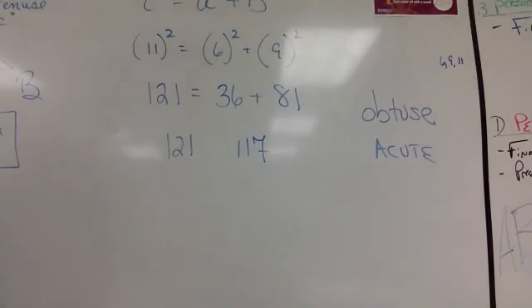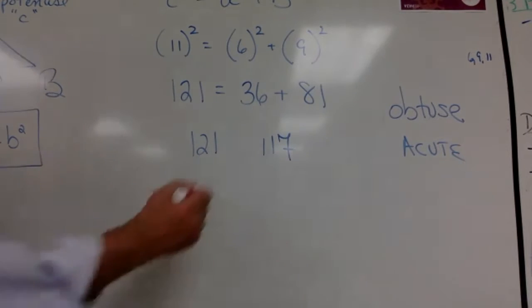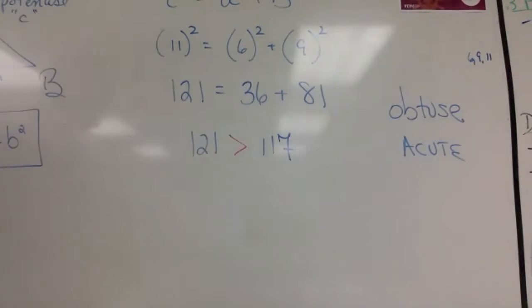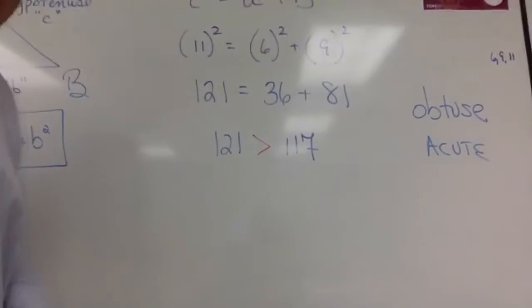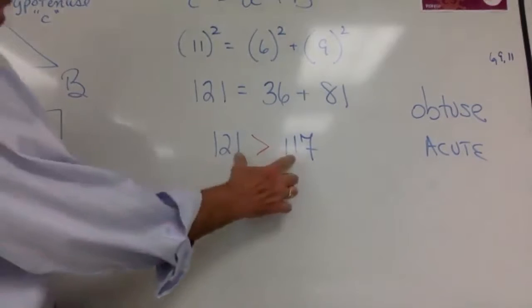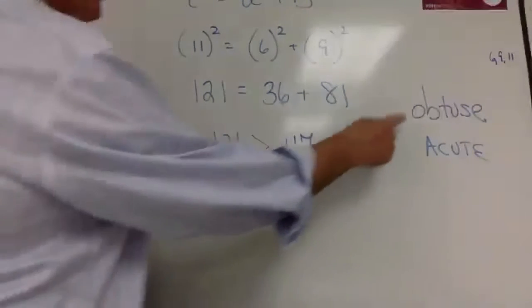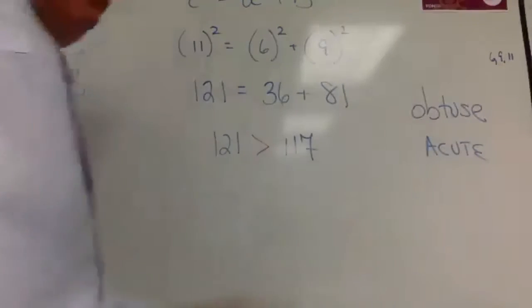So if I go back to my problem over here, what's the symbol that goes in here? Is that the correct symbol? They're not equal, so it's not right. But it is going to be obtuse or acute.